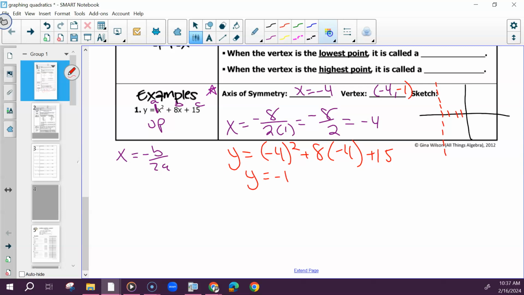You're going to have a vertex point at negative 4, negative 1, so along that line at negative 1. We know this is facing up, so we're going to draw a rough sketch of a U facing up. Make sure you have arrows on both sides. Do you have any questions about how we found any of that information?